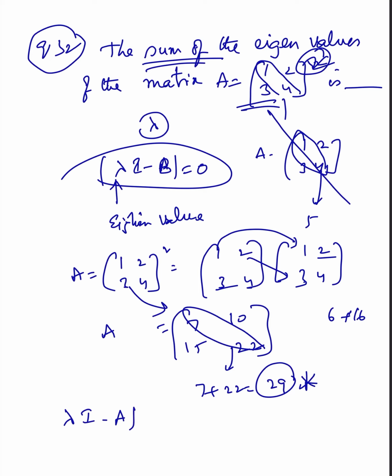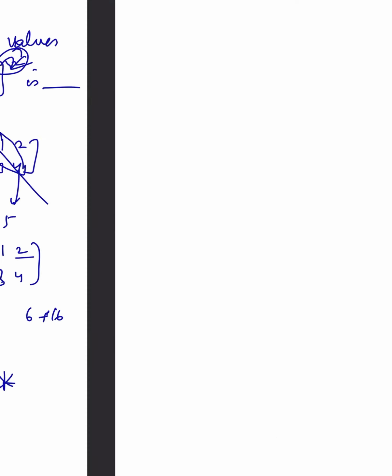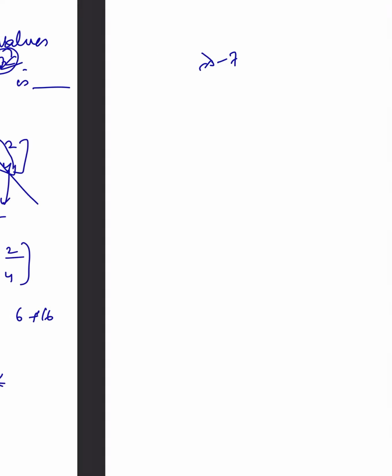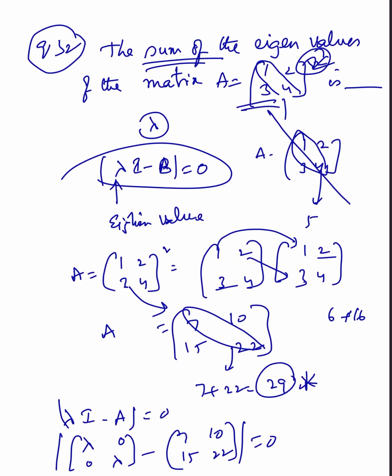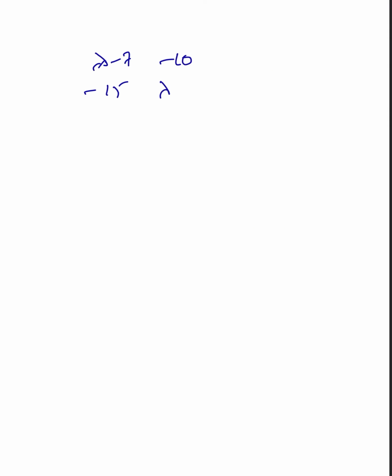Or you can find it like this. Lambda I minus A equals 0. Lambda, 0, 0, lambda minus 7, 10, 15, 22 equals 0. So this becomes lambda minus 7, minus 10, minus 15, lambda minus 22.